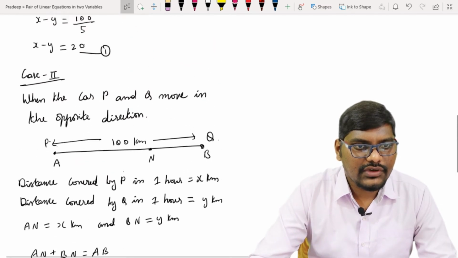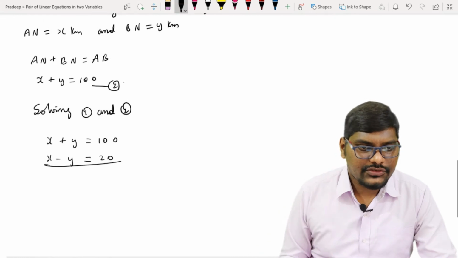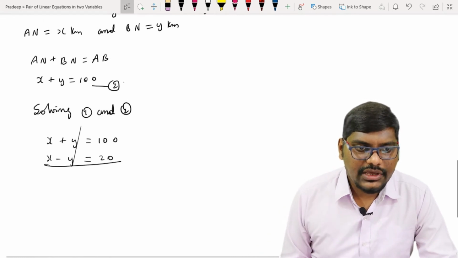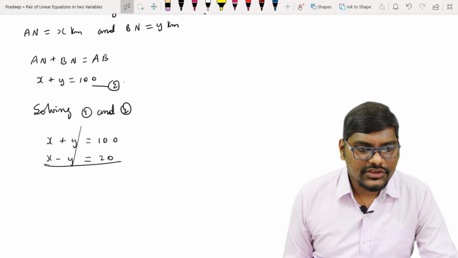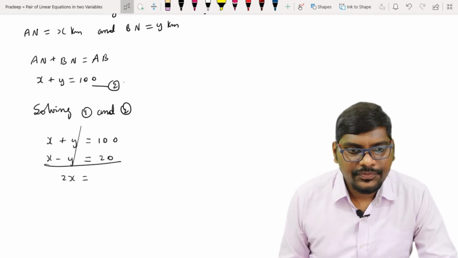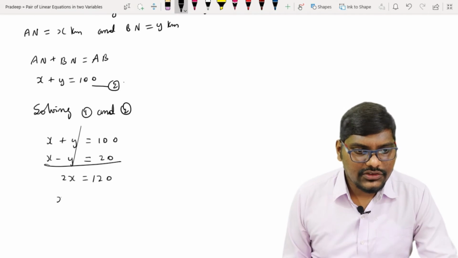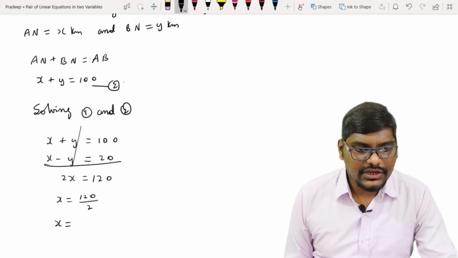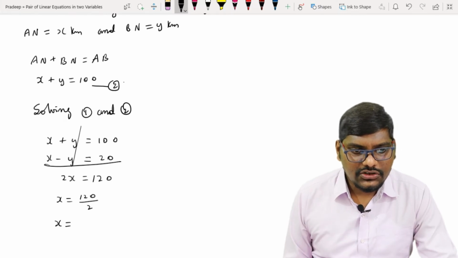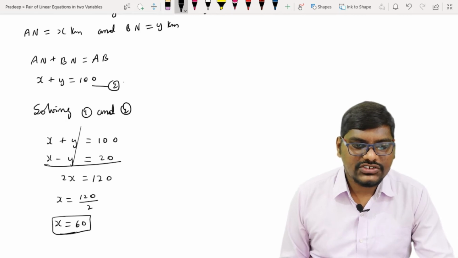So now we can cancel: plus y, minus y cancel. So x plus x is 2x equal to 100 plus 20, it was 120. So x equal to 120 by 2, where x value will be 60. So x we got 60 as the value.